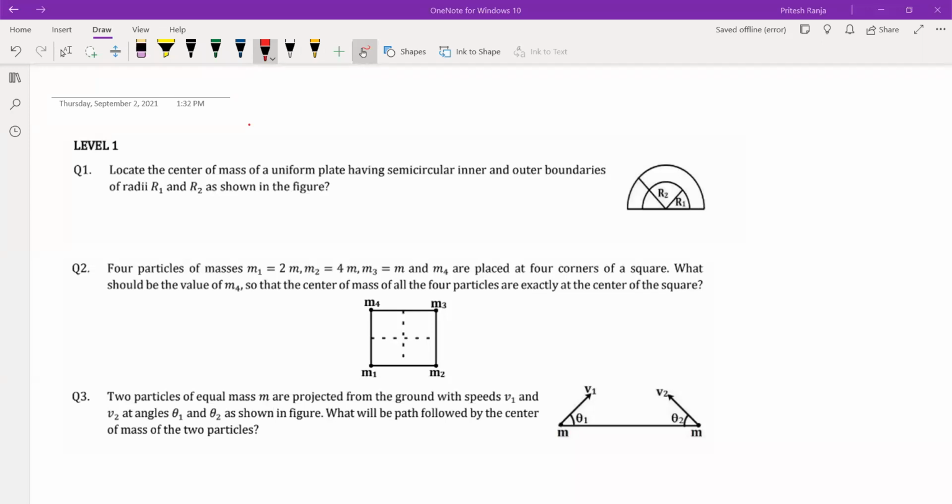So what it says, this is a uniform plate. अब plate है तो area होगा, right?